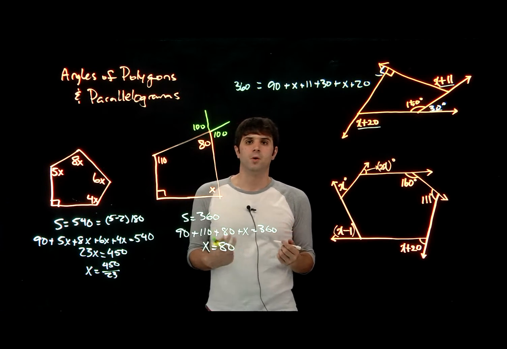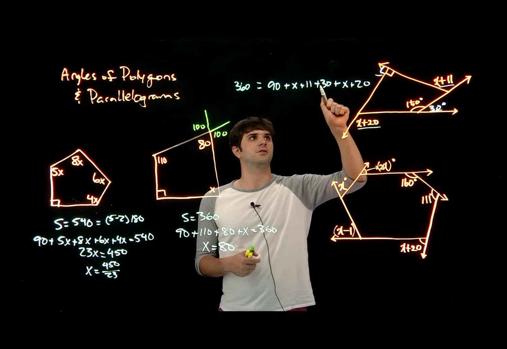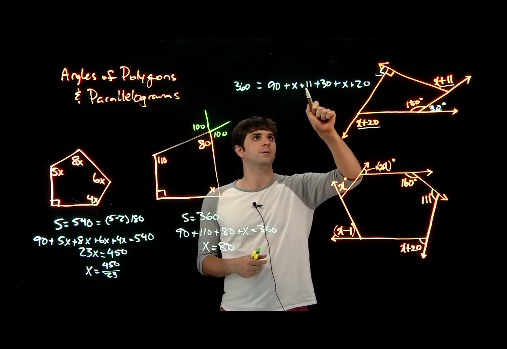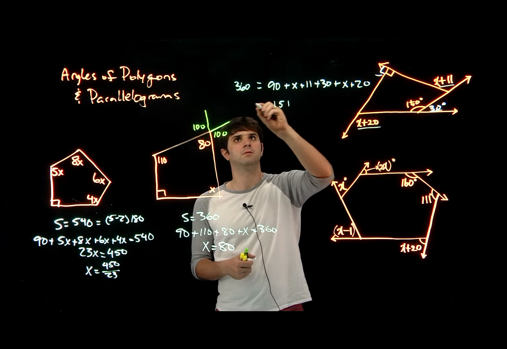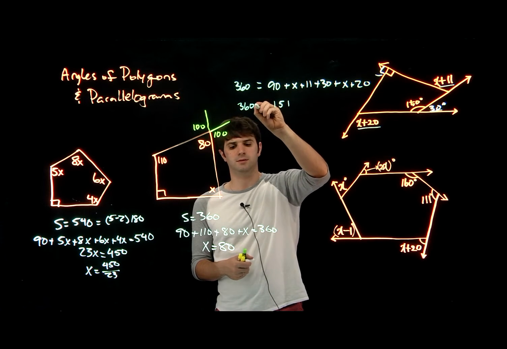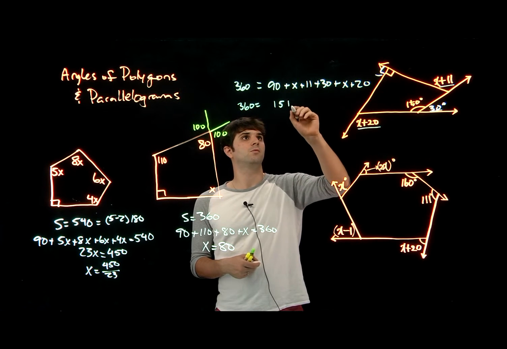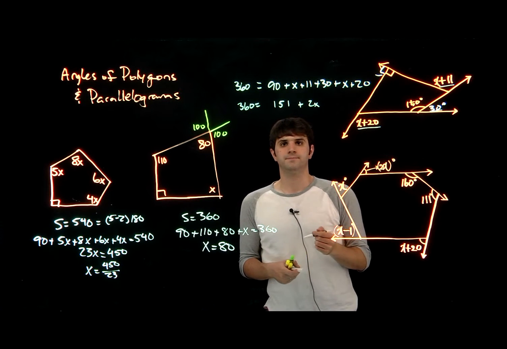Okay, so now we solve this. We have 90 plus 30 is 120, plus 20 is 140, plus 11 is 151. So 360 equals 151 plus 2x.